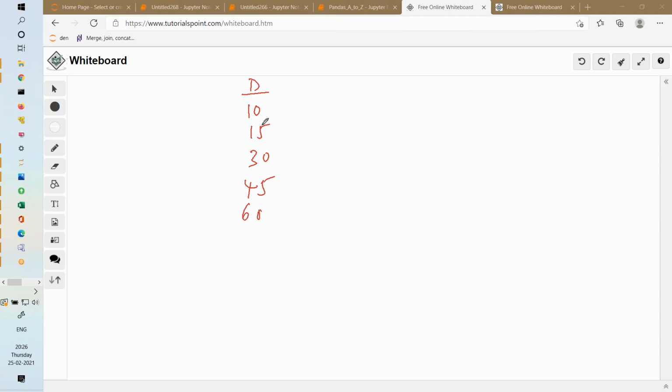Now what you need to do here is, before you represent the common behavior, it is very important to understand the distribution of your data. I'll give you three examples. This is one distribution, this is one distribution, and this is one distribution.